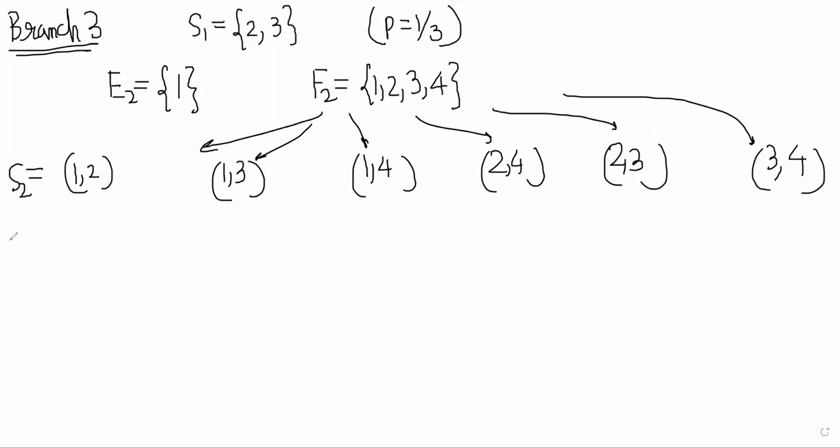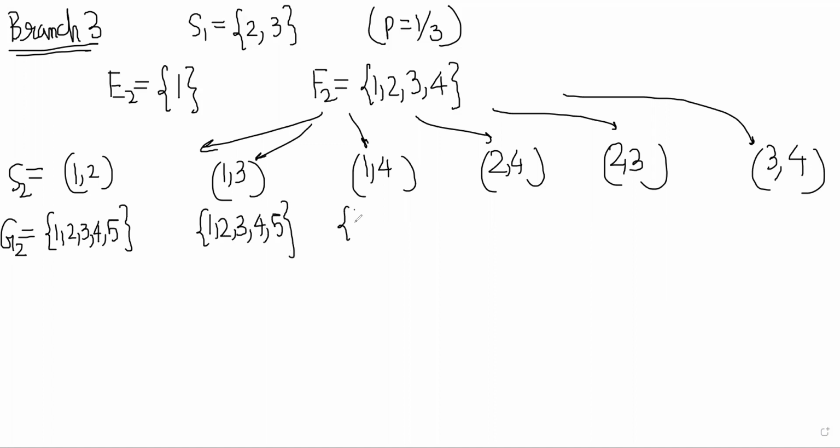Great. Now G2 basically would be the union of G1 and S2. So what was G1? G1 was 2, 3, 4, 5. So G2 would be here 1, 2, 3, 4, 5. Here also it will be 1, 2, 3, 4, 5.